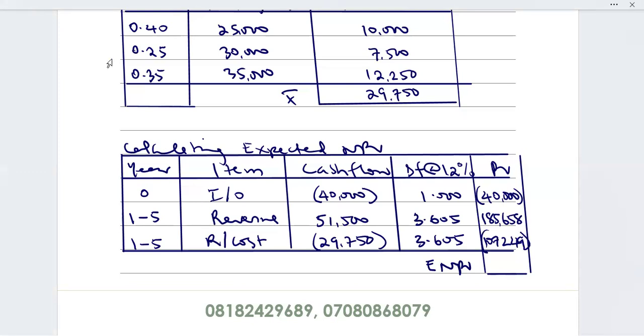Final answer: 185,658 minus 40,000 minus 107,249 is 38,409, positive. So the examiner is asking that you should calculate the NPV of the project. That's what we have done.